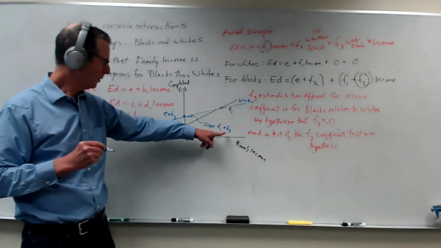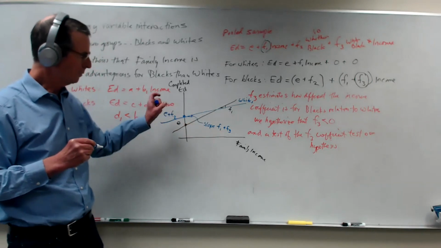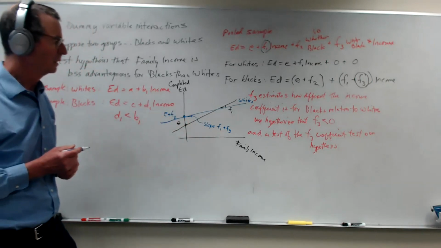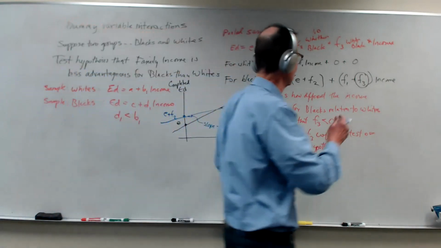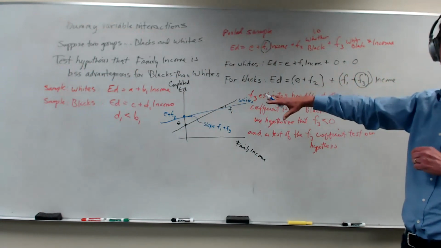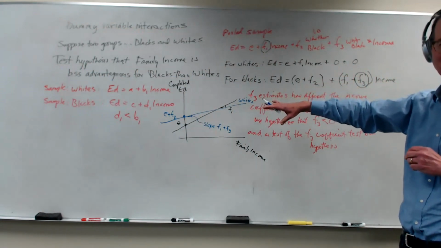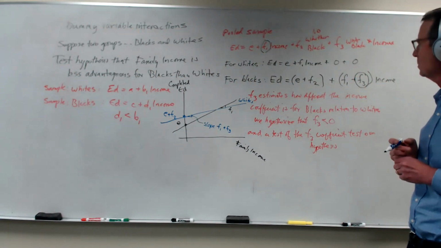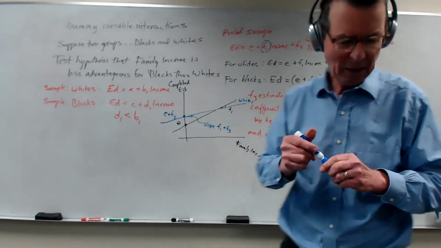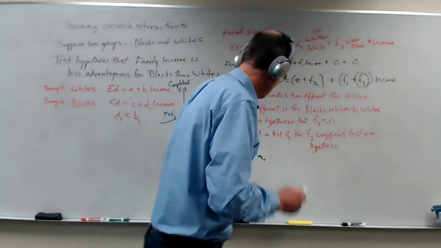And the F3 part of this is going to say whether these two slopes are significantly different from the other. So what this functional form does is allow us to fit two lines in effect, one for each of the two groups. Okay, easy enough.